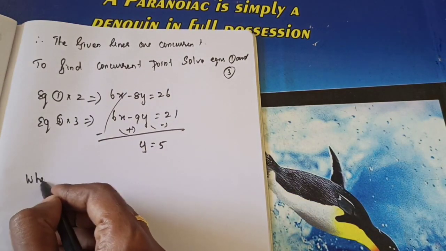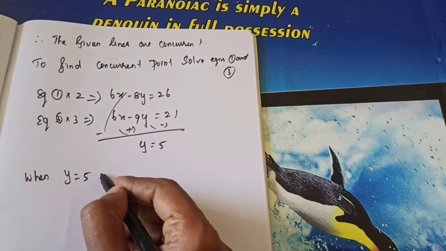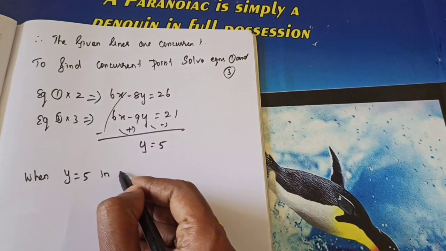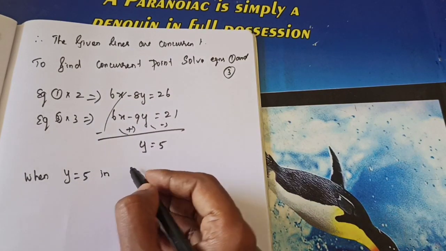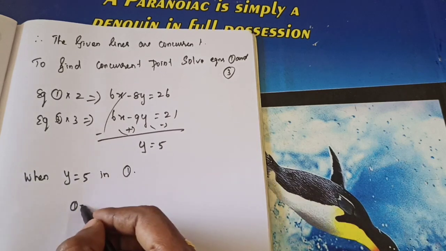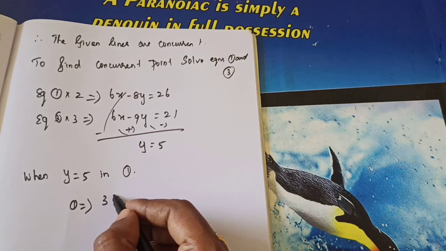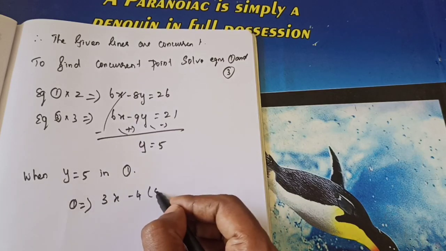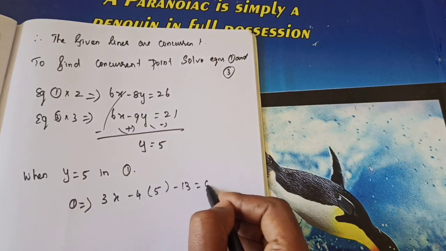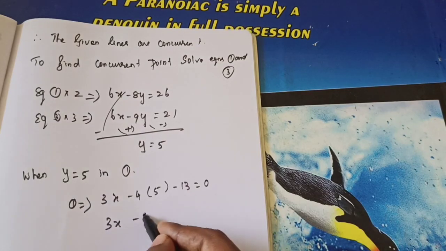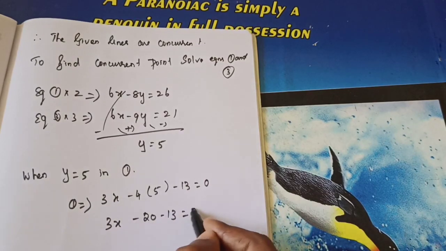Now when y equals 5, in any one of the equations you can substitute. Shall we substitute in 1? So 3x minus 4 into 5 minus 13 is equal to 0. So 3x minus 20 minus 13 is equal to 0.